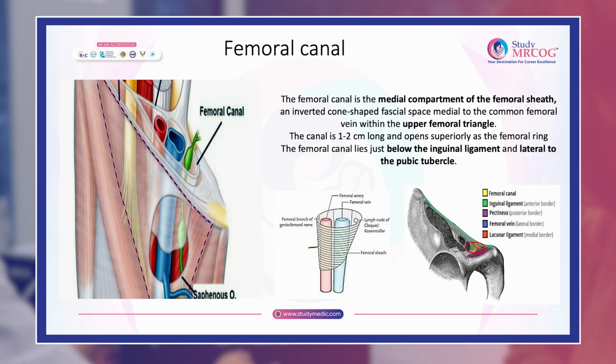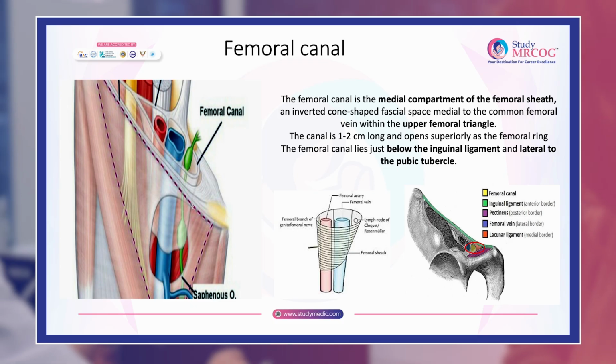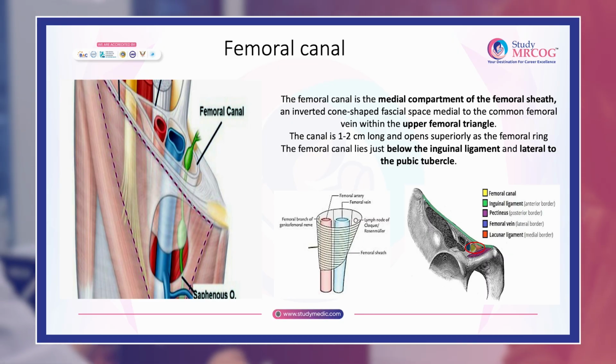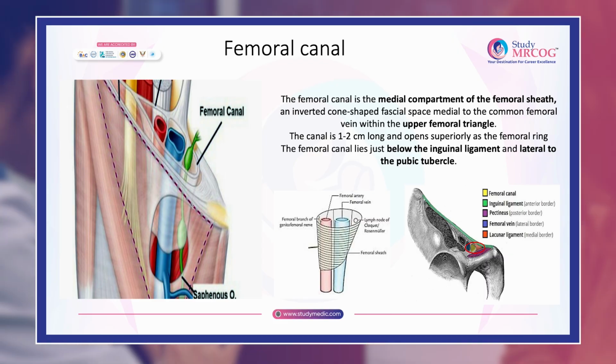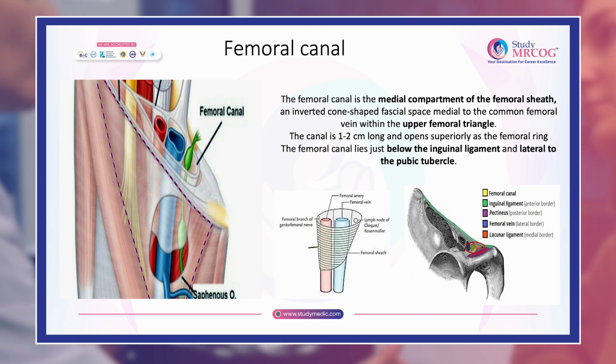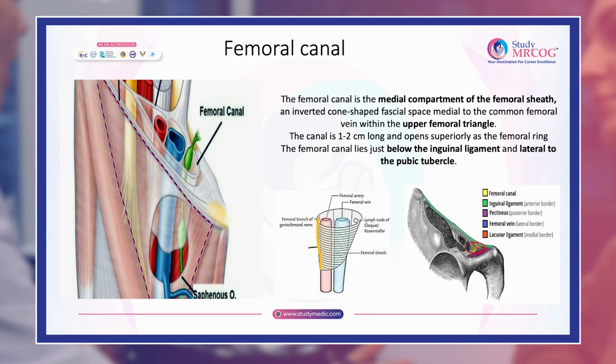Anteriorly it is bounded by the inguinal ligament, and the posterior border is formed by the pectineal ligament, the superior ramus of the pubic bone, and the pectineus muscle. The opening to the femoral canal is located at its superior border, and it is known as the femoral ring. This femoral ring is covered by a connective tissue layer, the femoral septum, and this septum is pierced by lymphatic vessels which exit the canal.